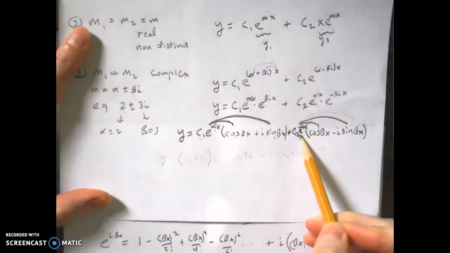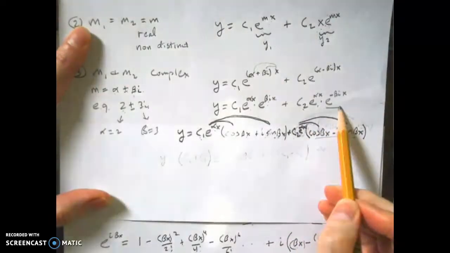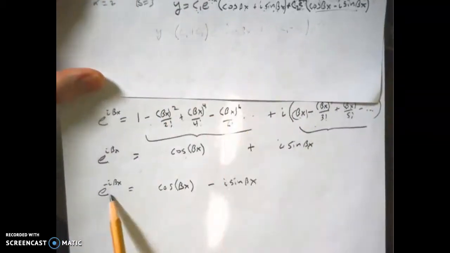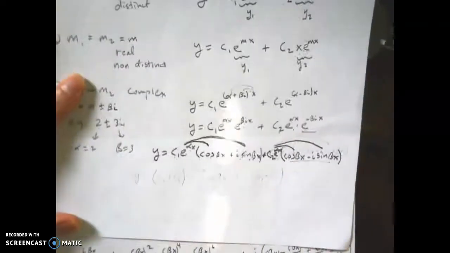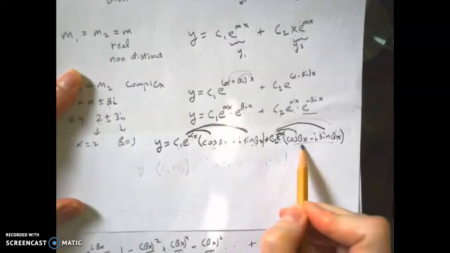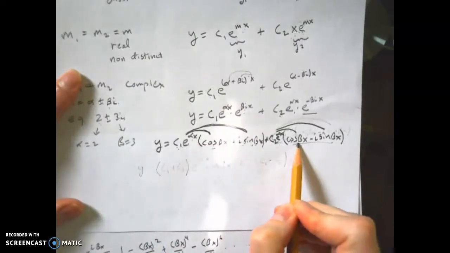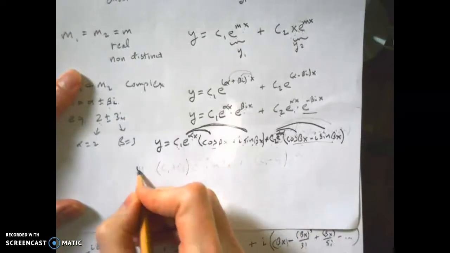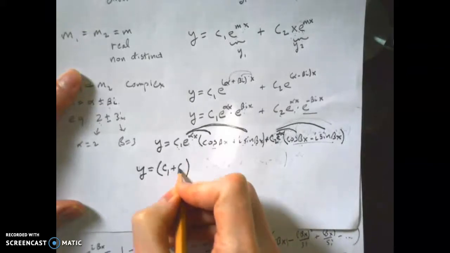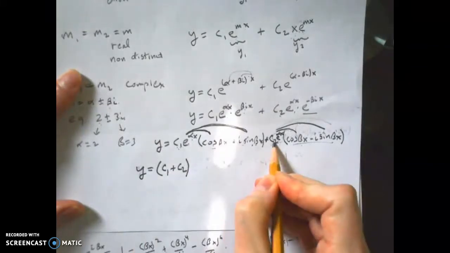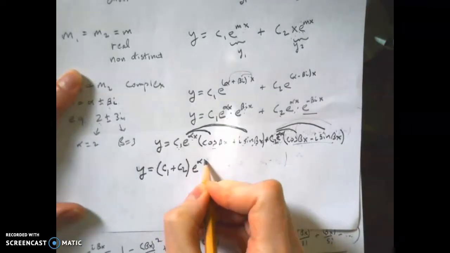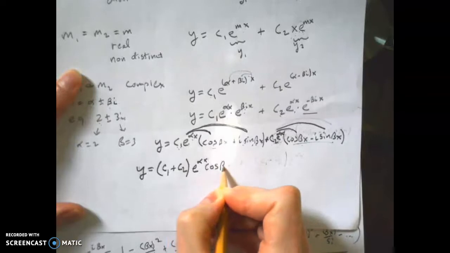Okay, that came from here. C2 e to the alpha x, and then this thing replaced this from the other page down here. E to the negative I beta x was this thing. So if I take this first part and this first part, both of those have an e to the alpha x cosine beta x. So I've got y equals, and then I've got a C1 plus C2, after you factor out the e to alpha x cosine of beta x.